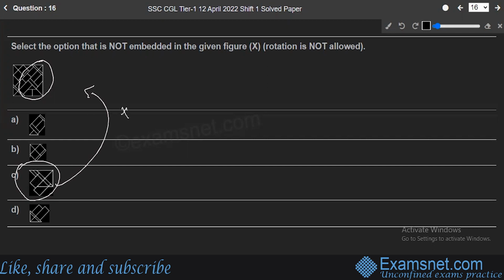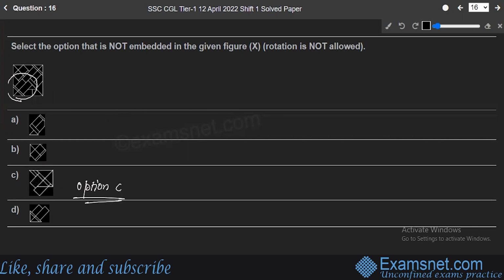Now let's look at the last option, D. This is the D part. It is embedded, it is there in the given figure X. So option C is not embedded. It is not there in the given figure. So this is my answer. Hope you're clear with this. All right, then let's move to the next question.